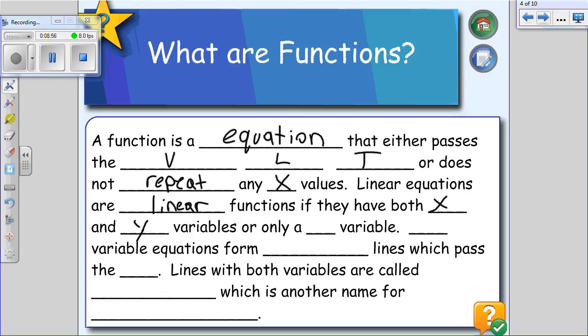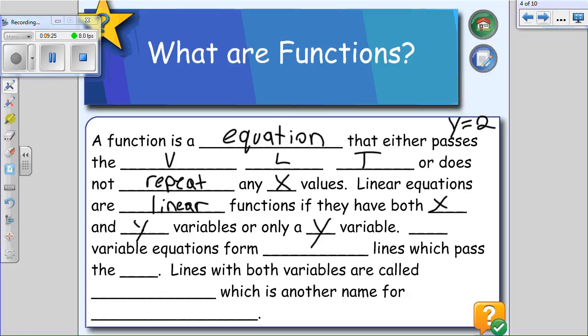If you had to get rid of your x or your y variable, which one could you get rid of? You could get rid of your x, so, or only a y variable. We're going to talk about why that makes sense. If you had only a y variable given, you would have something like y equals 2.